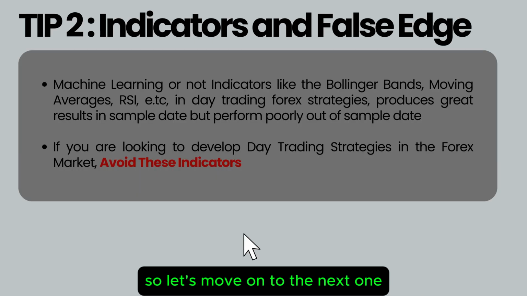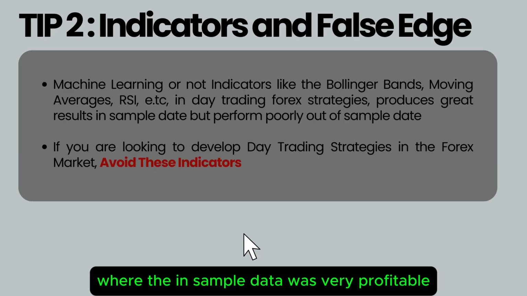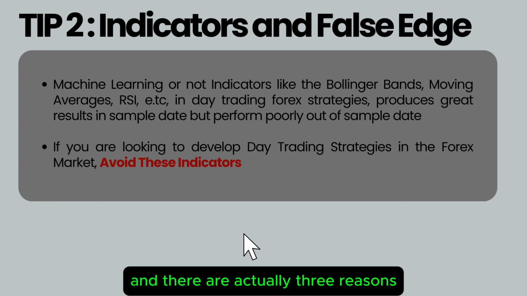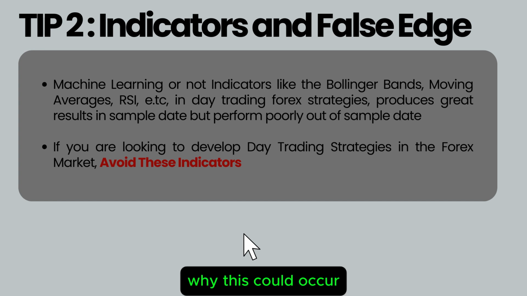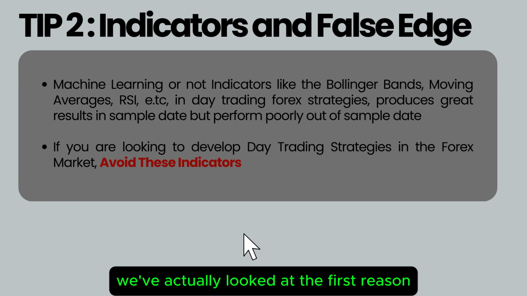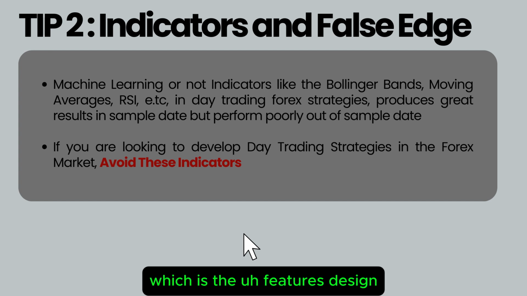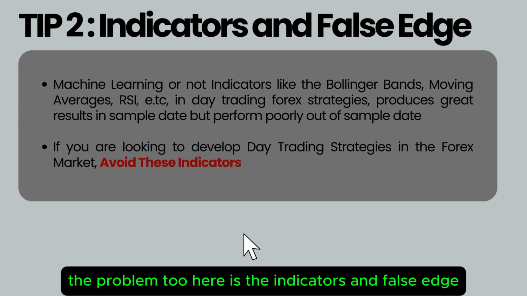So let's move on to the next one, where the in-sample data was very profitable, but the out-of-sample data was not profitable. And there are actually 3 reasons why this could occur. We've actually looked at the first reason, which is the feature design. The next problem here is indicators and false edge.